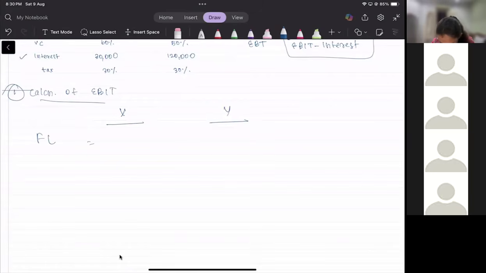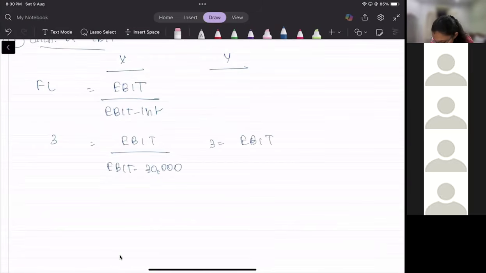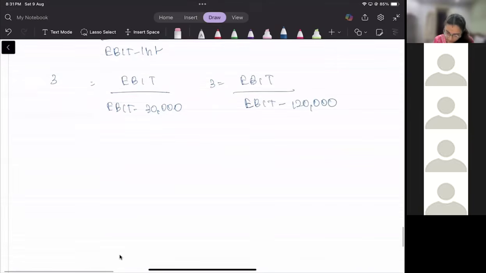So the financial leverage formula is EBIT by EBIT minus interest. 3 is the financial leverage. For X Limited, the interest is 30,000. For Y Limited, the interest is 1,20,000.